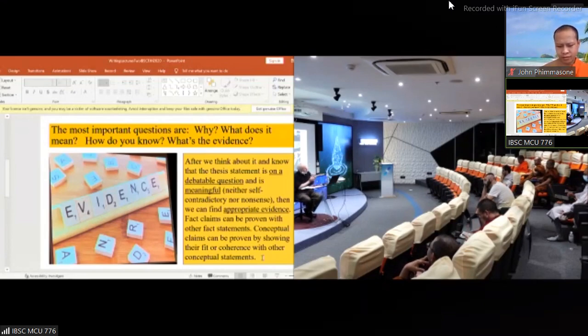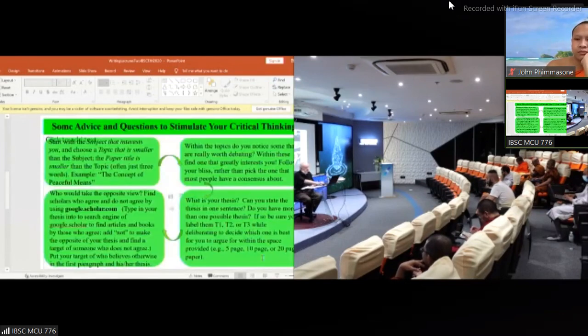You want to stay on the conceptual level, and then you get an answer that relates to what you started with. But if you start filling up your paper with what I call junk, just padding, oh, there's this story and there's that story, and then I read this, and... Conceptual statements are proven by their fit or coherence with other conceptual statements. Fact claims are proven with other fact statements.